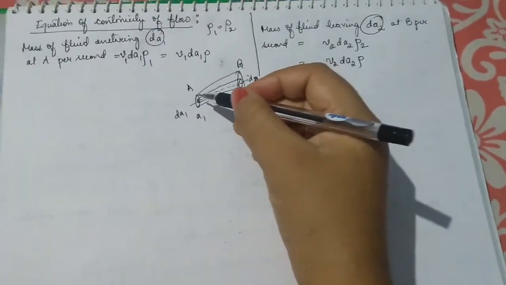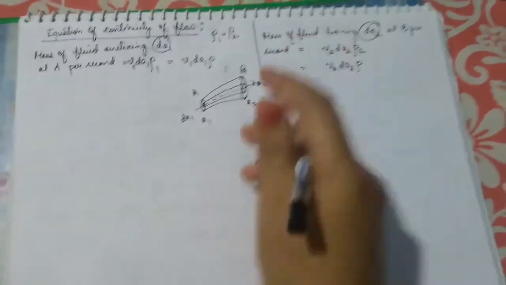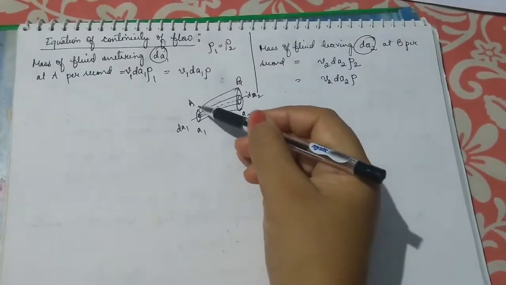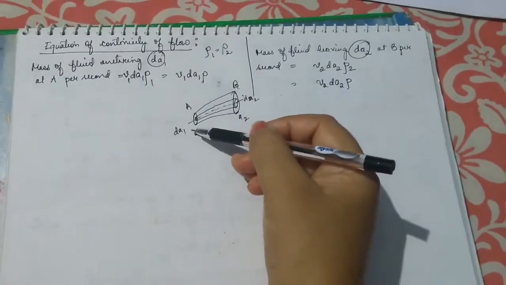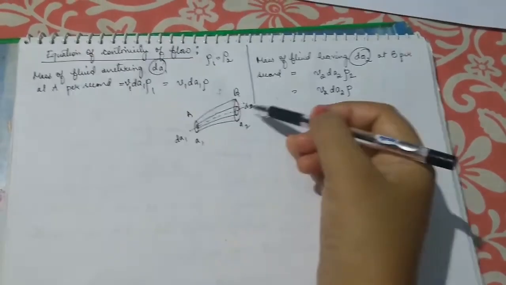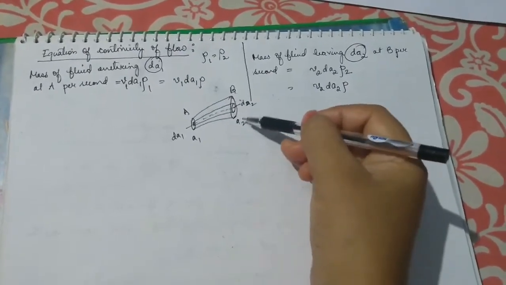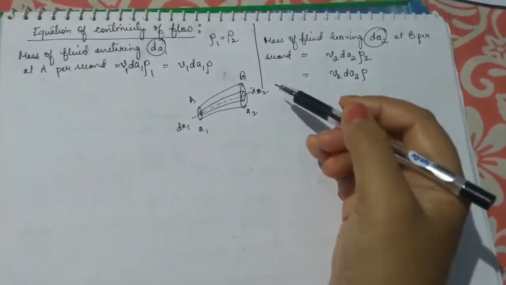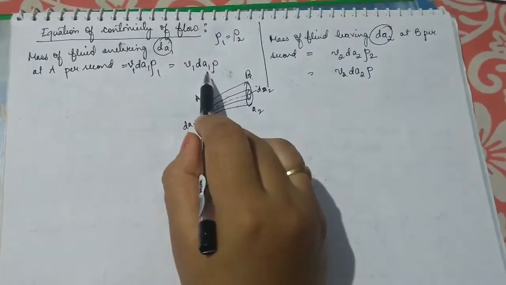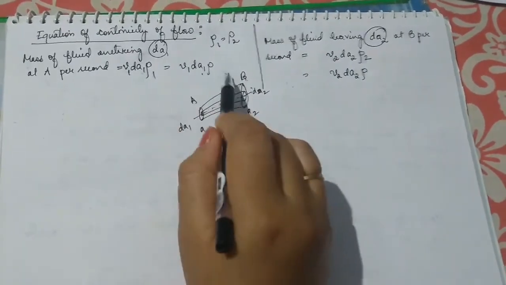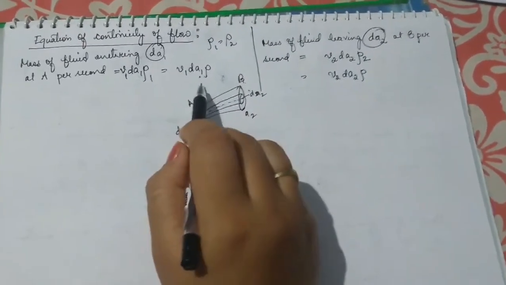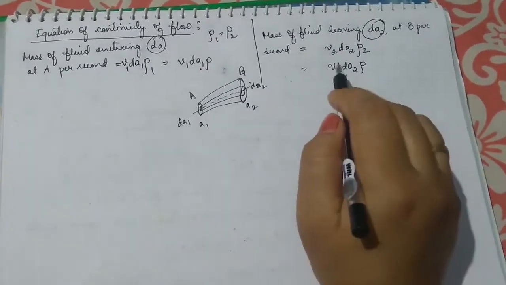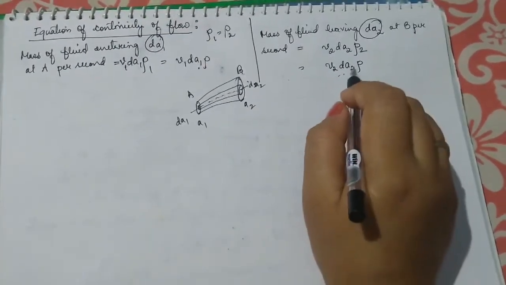Now if I want to get it for the whole tube, as we discussed, according to the law of conservation of matter, the fluid entering the whole cross section of A in a particular interval of time should be equal to the fluid leaving the whole cross section of B. Fine. So this is for dA1, so I will have to integrate this to get it for A1. Similarly, this is for dA2, I will have to integrate this to get it for the whole A2.